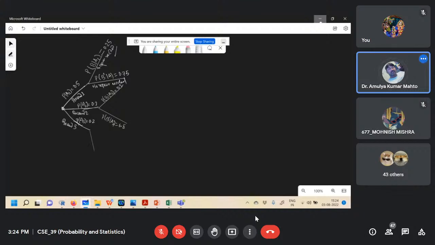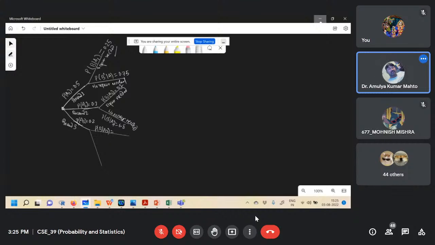Next, you can see for this, this is the scenario of repair needed, and this is a scenario of no repair needed. This is the probability of B, that is repair needed, and this is a brand 3 product.